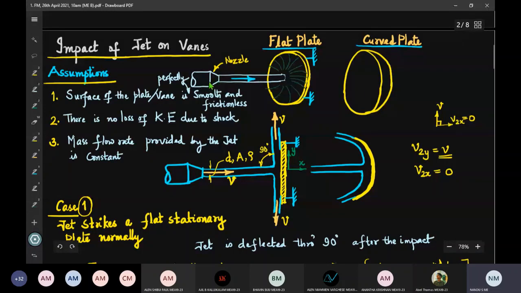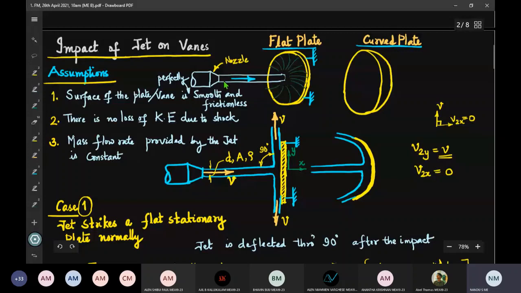When the jet is a free jet, the pressure is atmospheric. That jet is striking a disc. Say this is a circular disc, and the jet strikes it at its center.